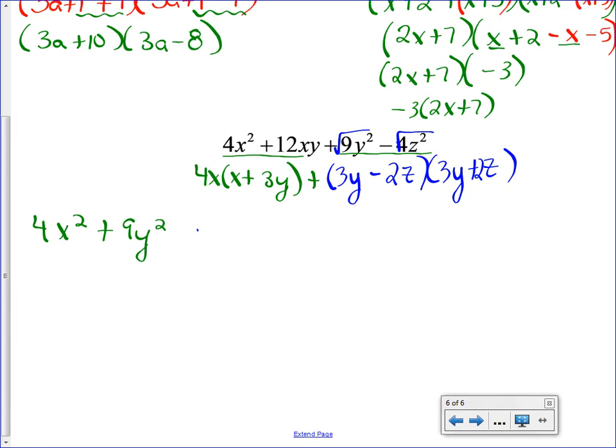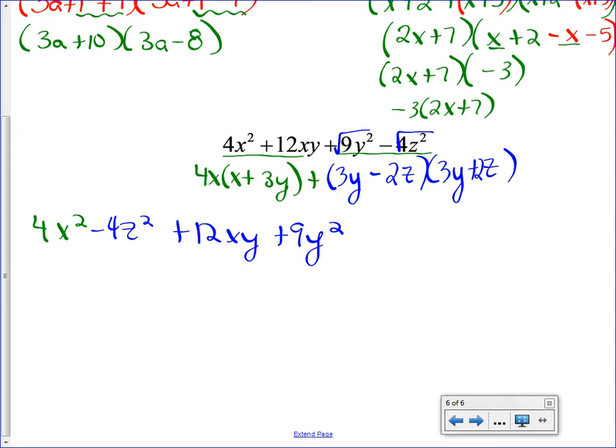Then your next two terms were plus 12xy minus 4z squared. Oh, put the 4 and 4 together? Okay, let's see. 4x squared minus 4z squared plus 12xy plus 9y squared.